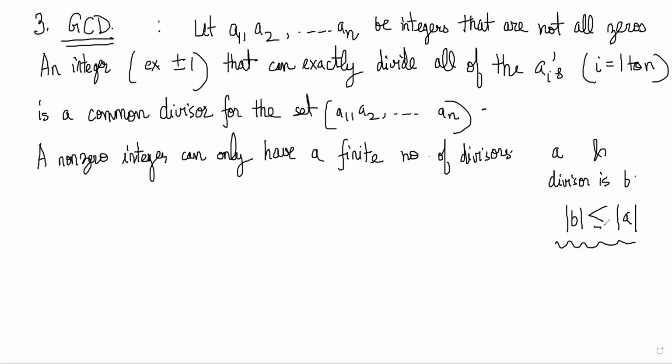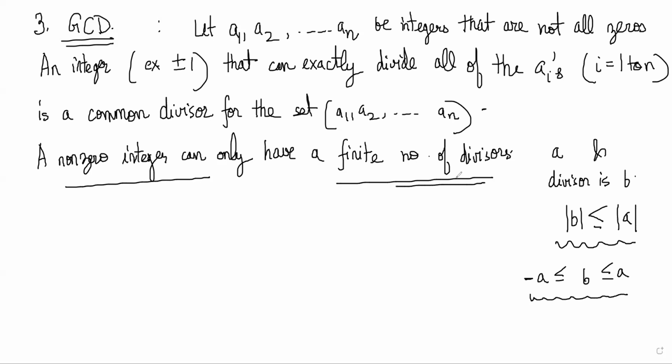So since mod B is less than or equal to mod A, the number of integers will be finite, right? B values can be from minus A till A. So the number of integers will be less than or equal to 2A plus 1, right? So any non-zero integer can only have a finite number of divisors.